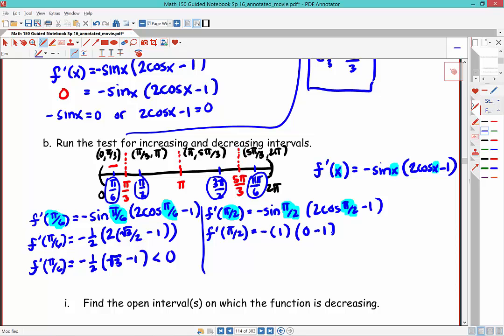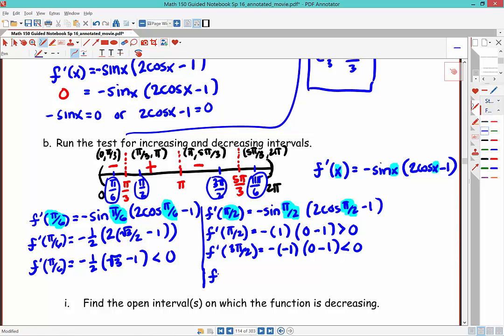So a negative times a negative is a positive, so this will be greater than 0. So we'll put a positive here. And f prime at 3 pi over 2 will be negative 1 times 0 minus 1. So now you'll have a positive times a negative, so you'll get less than 0. So there'll be a minus sign here.